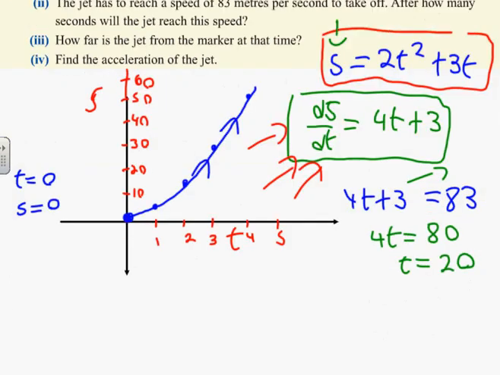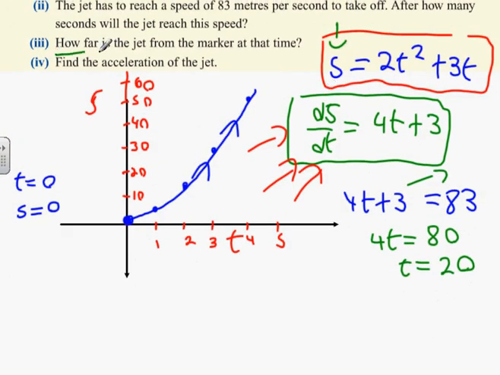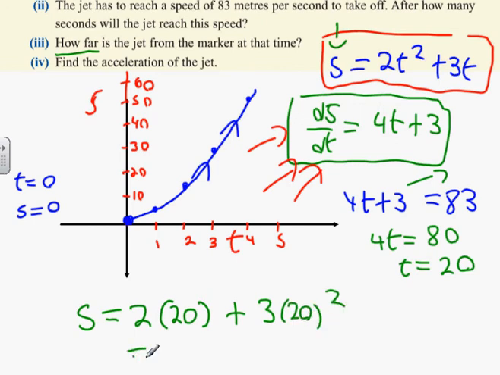How far is distance, so I must use the distance equation. Is the distance equation the red box or the green box? Red box. So what do we replace t with? Replace t with 20. And what will we get? It's going to be 800 plus 60, which is 860.